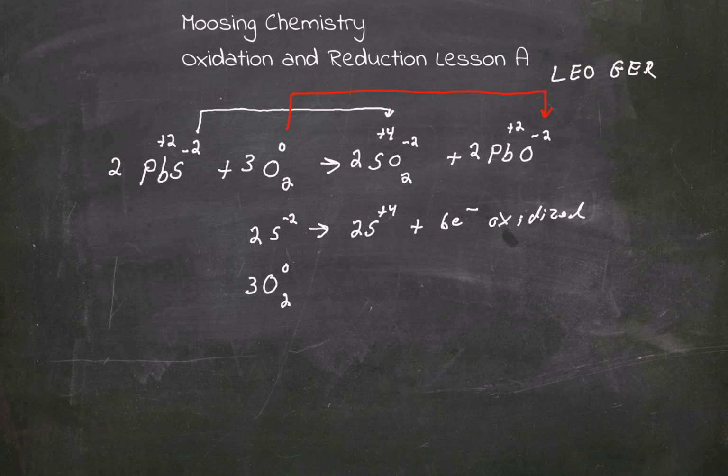Oxygen is going to gain exactly 2 electrons. And that means we're going to go to O2 minus 2. And we probably should put a 2 in front of that. And so this is going to be reduced.